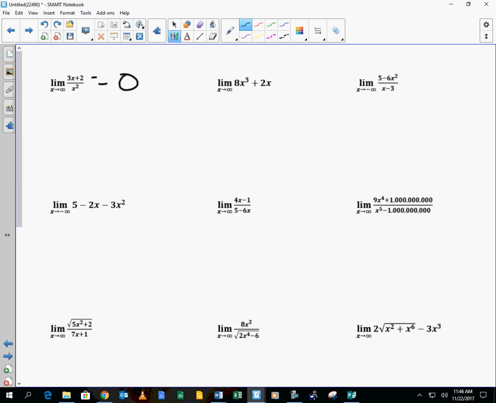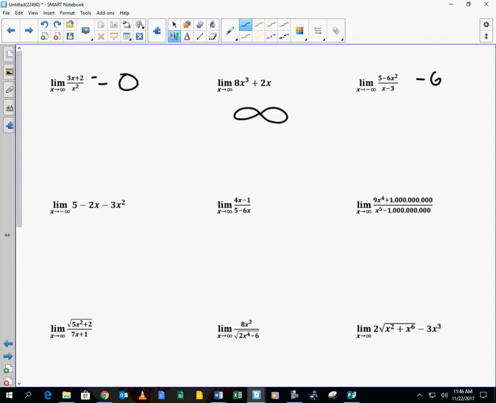You can do this on the AP exam all you want, but you can't do this on my test. You're going to need to show it algebraically. So we'll go back and show one or two of these algebraically. Oh, this one, you cube infinity, you're going to get bigger one in the numerator and denominator. Numerator, so numerator is going to win out, right?